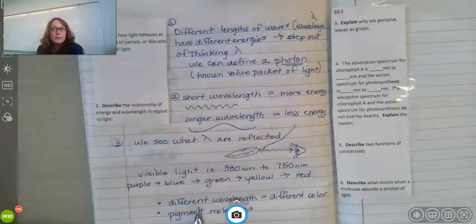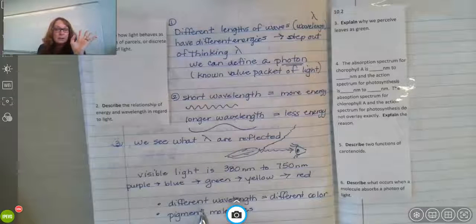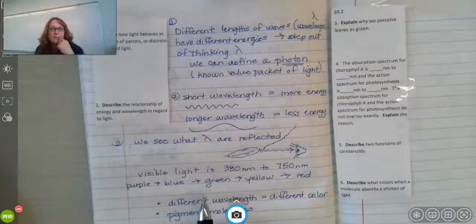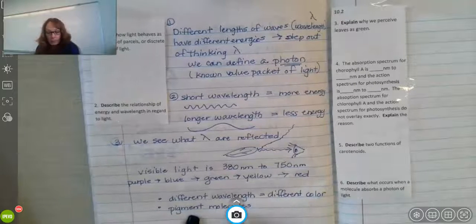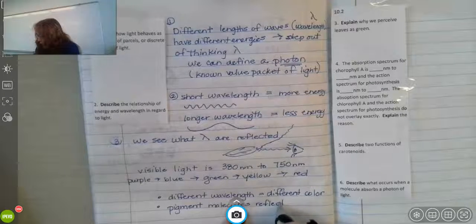So we see them as green, so they reflect that light back to our eye, but what they absorb, and then they get this resonation, is going to be the rest of the wavelengths. So pigment molecules reflect, that's what you see.